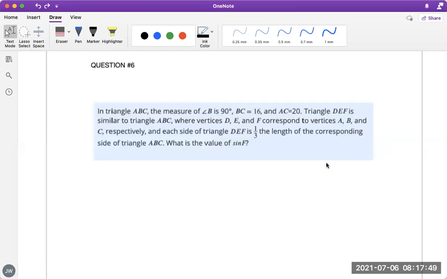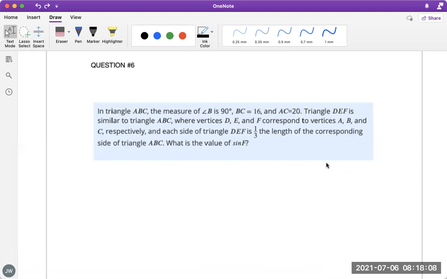Okay, I've shared my screen and you can see number 6 on our list today. That question reads: in triangle ABC, the measure of angle B is 90 degrees. BC is equal to 16 and AC is equal to 20.